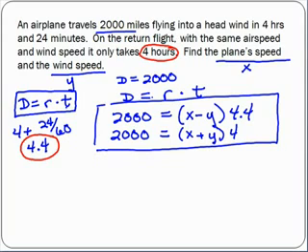Okay, so I'm going to pause it for a second, or you can pause it for a second and solve that, and then turn it back on and see how you do. Okay, so to solve this, I might distribute on the top one. So I've got 4.4x minus 4.4y.